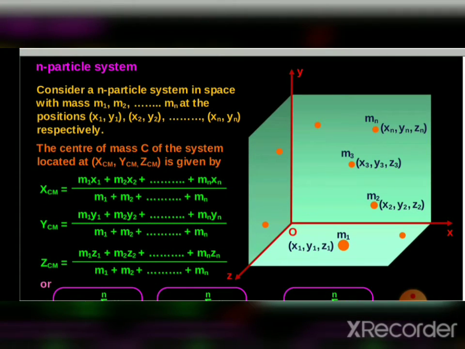Now for n particles in three dimensions, you can see the particles are moving, or in motion or at rest. So for the center of mass, you can consider that for one whole object there are different particles, with different weights at different positions, so that can be written in this manner.